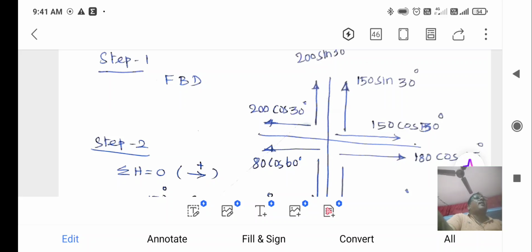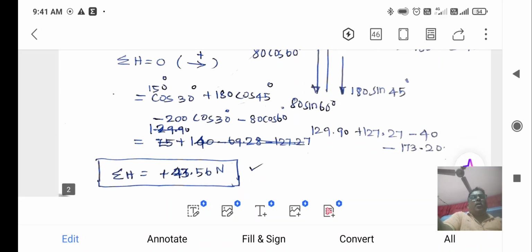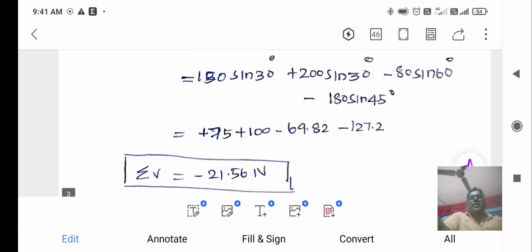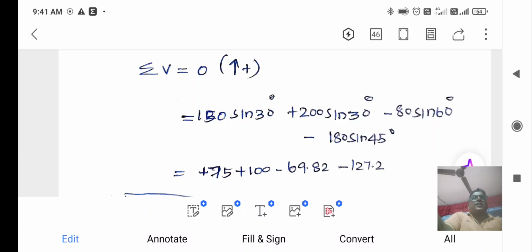Two forces act downward, 180 sin 45 and 80 sin 60, along the y-axis downward direction, so minus. So sum of V equals 150 sin 30 plus 200 sin 30 minus 80 sin 60 minus 180 sin 45.